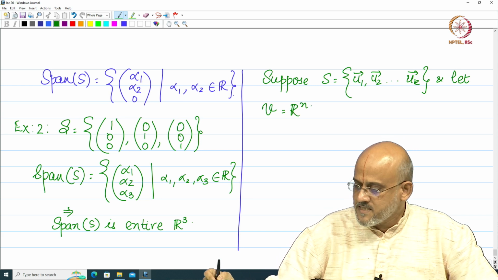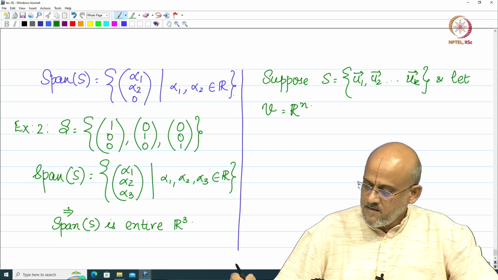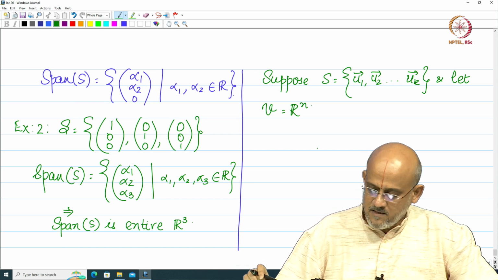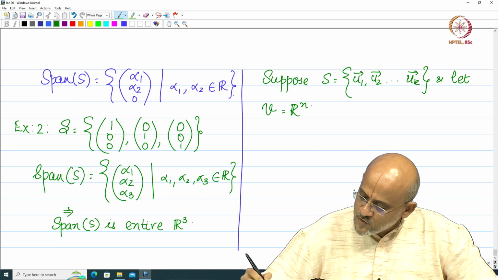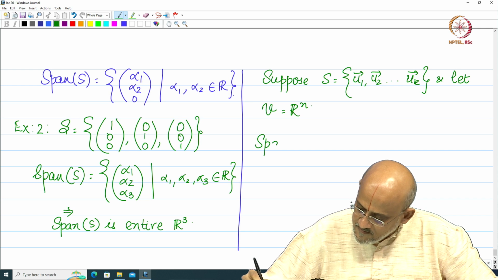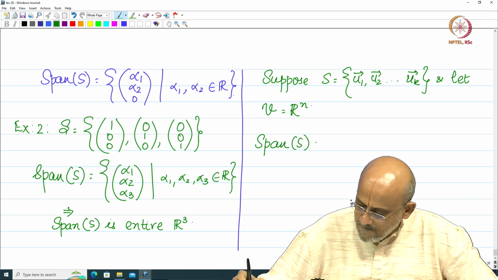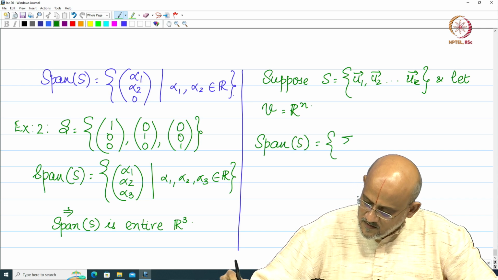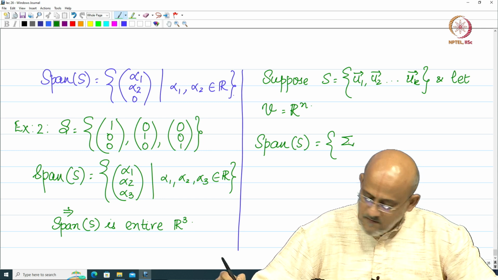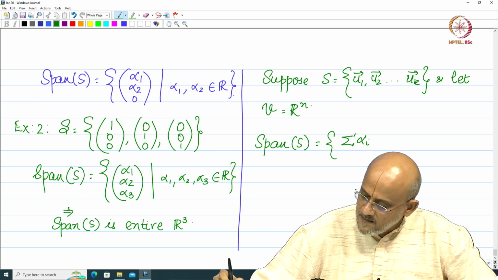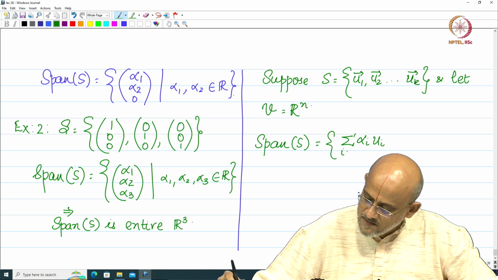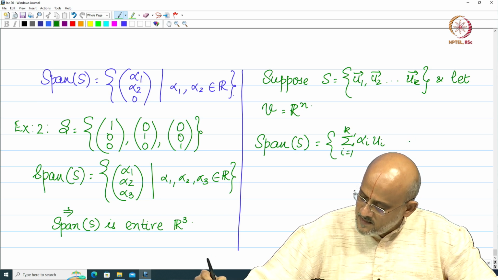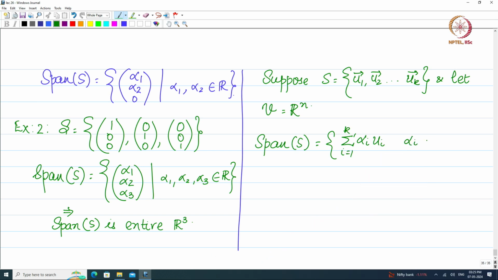There are k vectors, n component vectors, that I have taken, and the vector space that I am going to look at is basically Rn. The span of S is basically given by the set of all those vectors which is the sum of alpha i ui for i equal to 1 to k, and alpha i are all real for i equal to 1 to k.